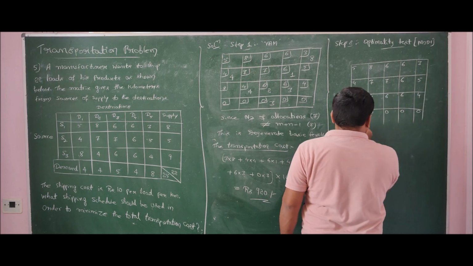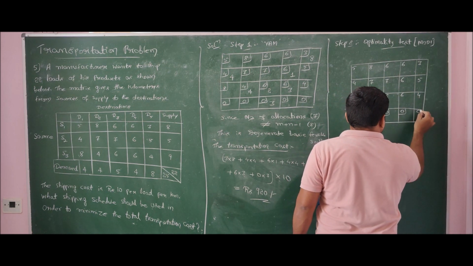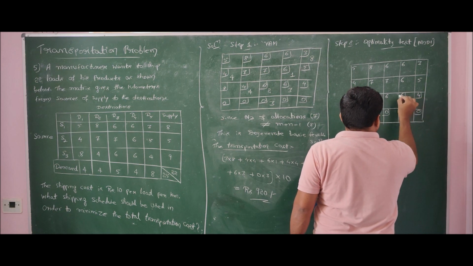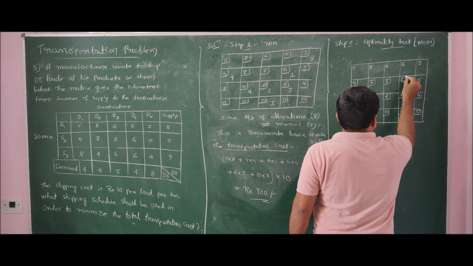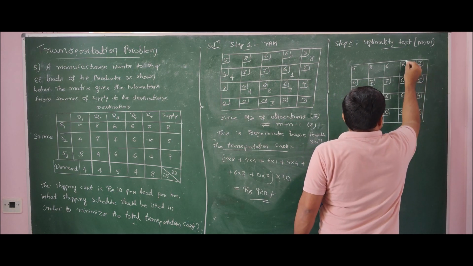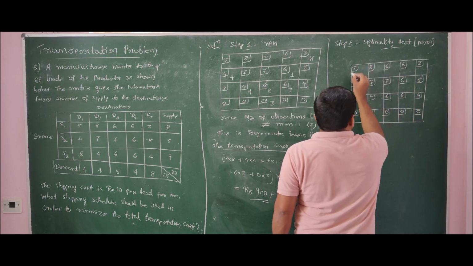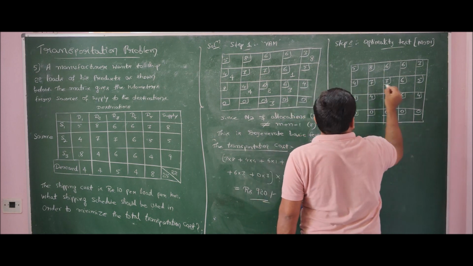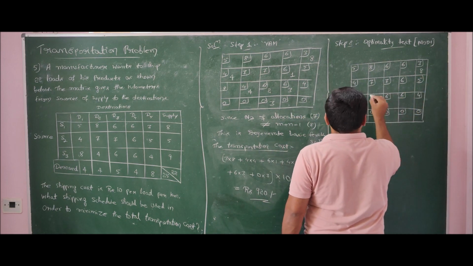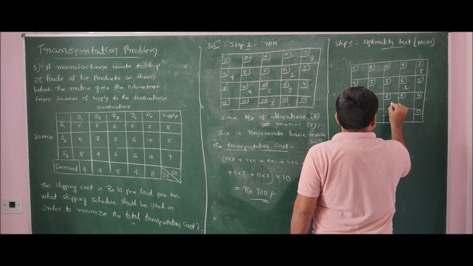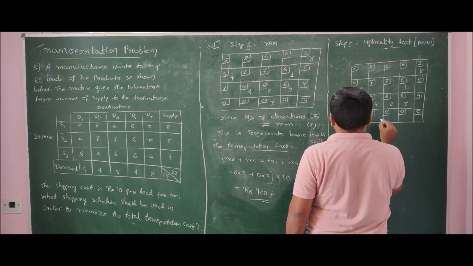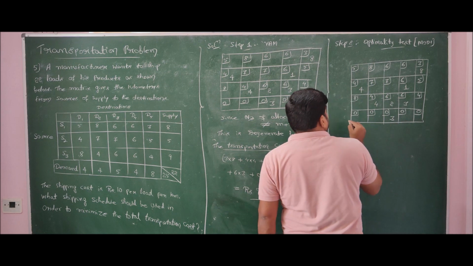So let me use this cost matrix to find U's and V's. So this is the cost matrix, and the allocation is 8 4 1 4 2 3 and 3.